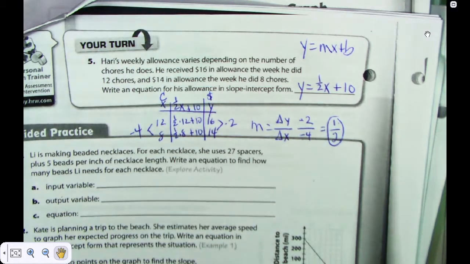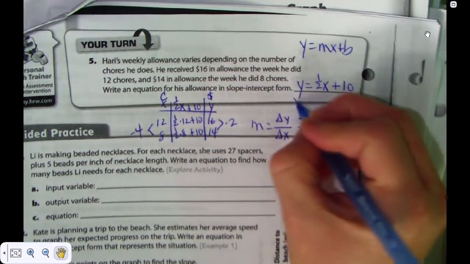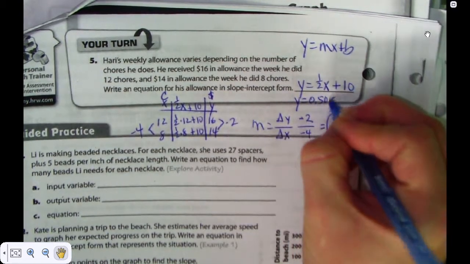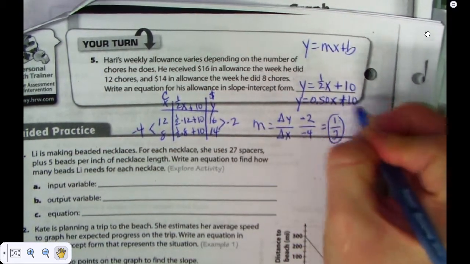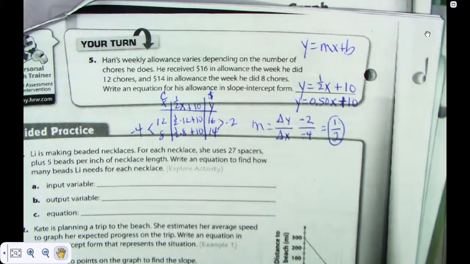There you go. If he starts to do chores, he'll get $10 allowance. Then he's going to get 50 cents. So really, we probably should have changed that to 0.50. I mean, half a dollar. Everybody knows half a dollar is 50 cents. But he's going to get $10 for allowance plus 50 cents for every chore. Pretty good deal. Does that make sense?